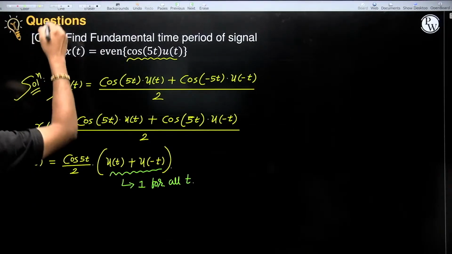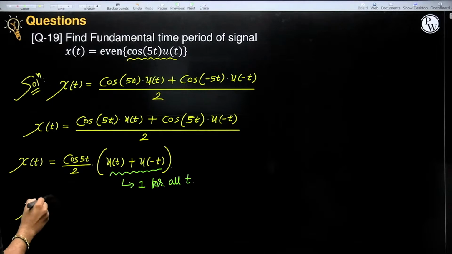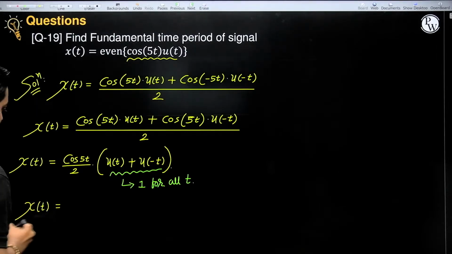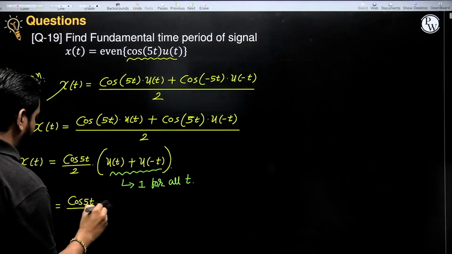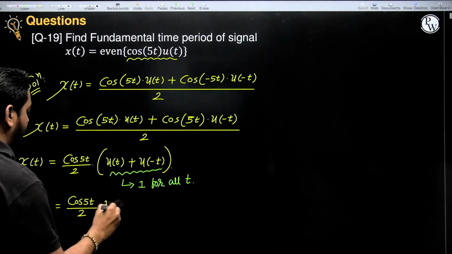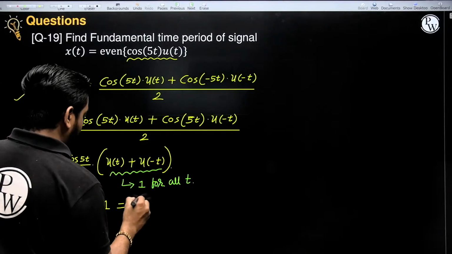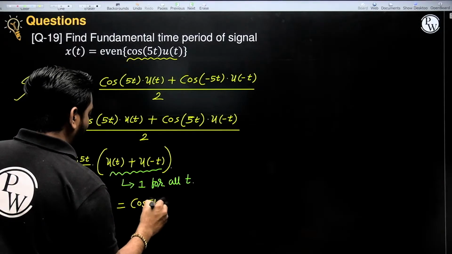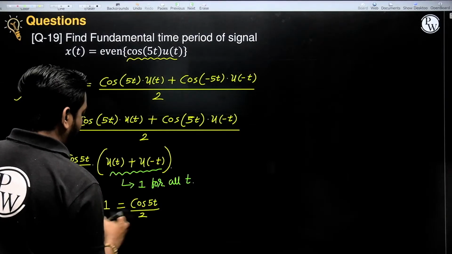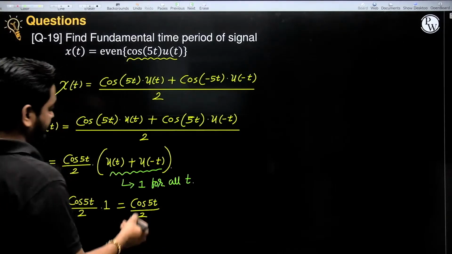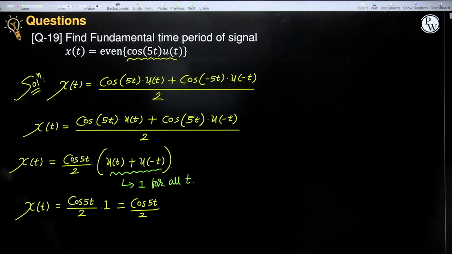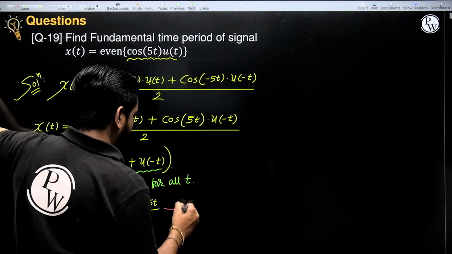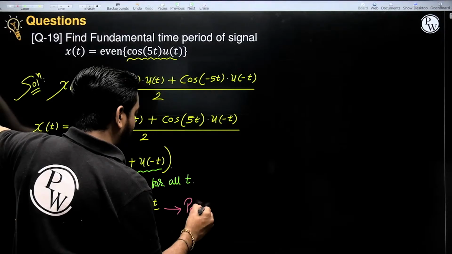That's why x of t is cos 5t divided by 2 into 1, which is equal to cos 5t divided by 2. Now you can say this is a simple cos function having a peak amplitude 1 by 2. So it is a periodic signal.